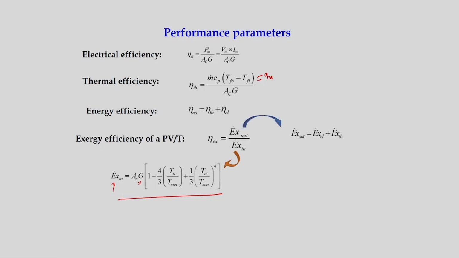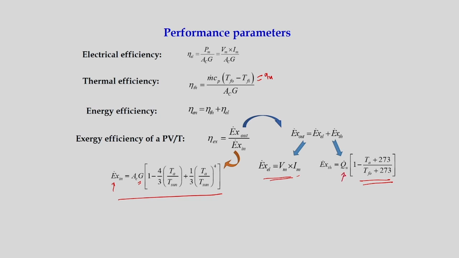And when we talk about Exergy output, there are two components, that is electrical component and thermal component. For electrical component, we can calculate this Exergy output by multiplying Vm and Im, and for thermal Exergy output we can get from this expression, right.